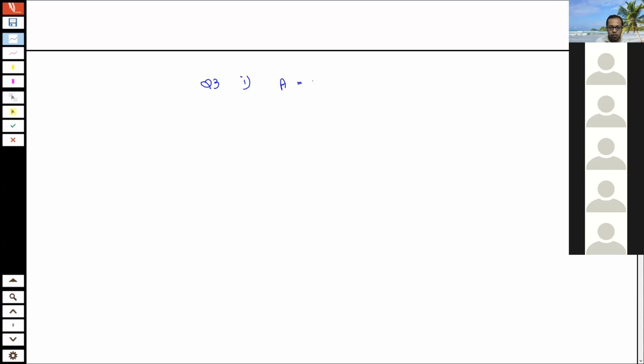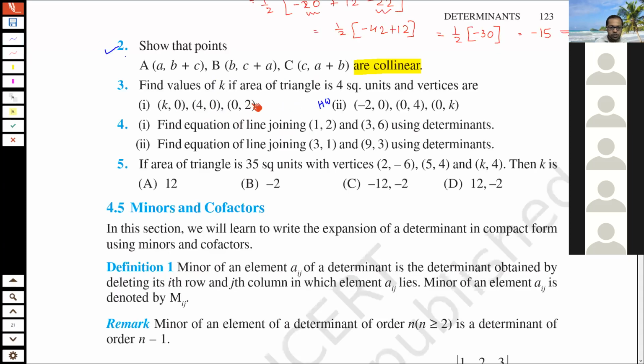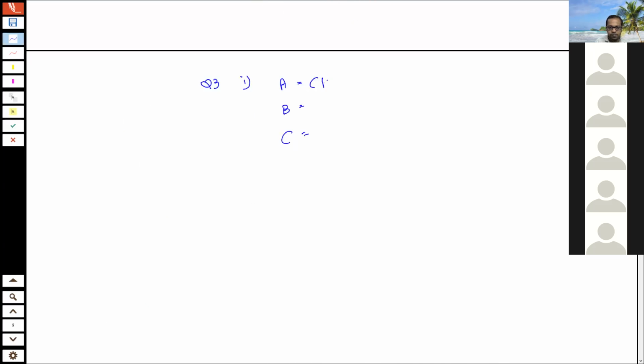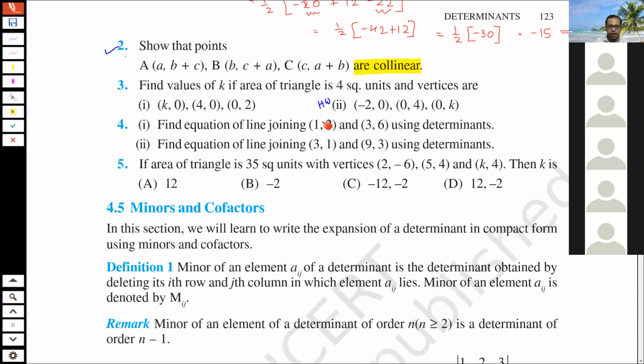Let's say this is my point A, B, and C. K0, 40, and 02.